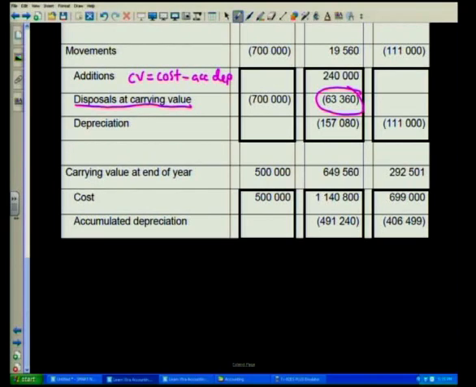Let's write that as a formula. Carrying value is equal to the cost price minus the accumulated depreciation, which means that this 63,360 is equal to our cost price minus the accumulated depreciation. But we've just calculated our cost price.